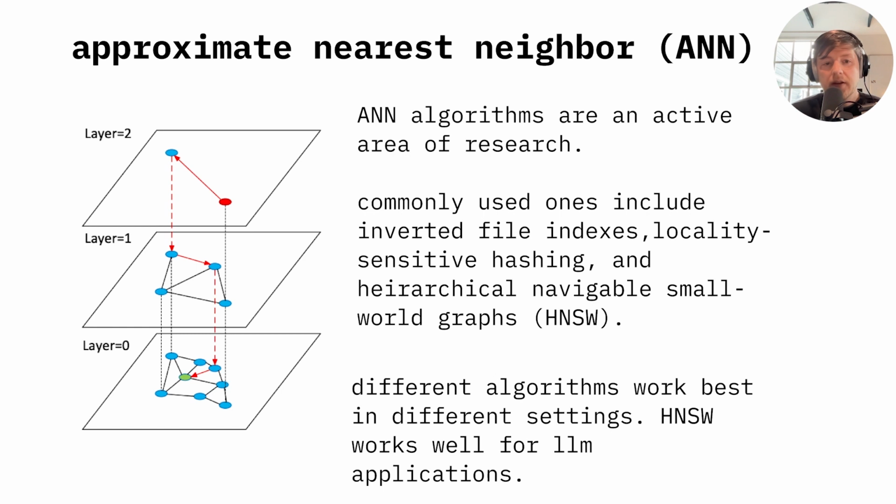A lot of the approximate nearest neighbor algorithms used in many solutions today are set up for the case where the index doesn't change very much and gets updated only infrequently. However, if we're building an LLM in the loop application, it's very likely that our data will mutate online quite frequently. And so a graph-based algorithm like HNSW works well in these types of applications because we can iteratively construct and iterate on the graph.